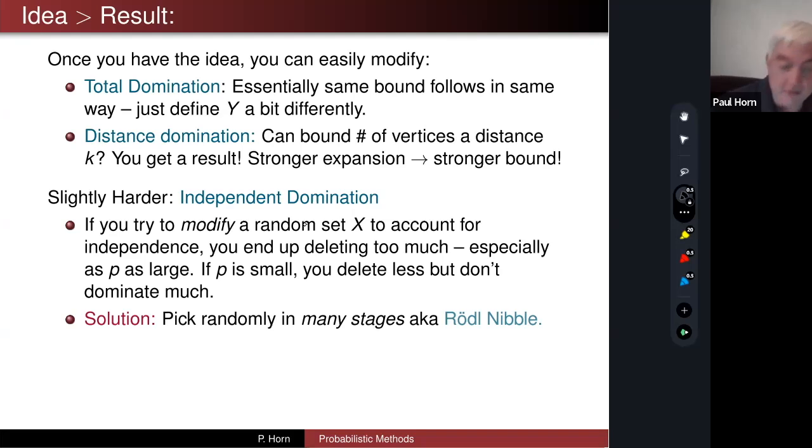And just to give you a sense that things get complicated, but it can actually work, you can make this method work, but you need to pick random vertices in many steps, do what's known as a Rödl nibble. That's a much more technical procedure than what I just showed you.